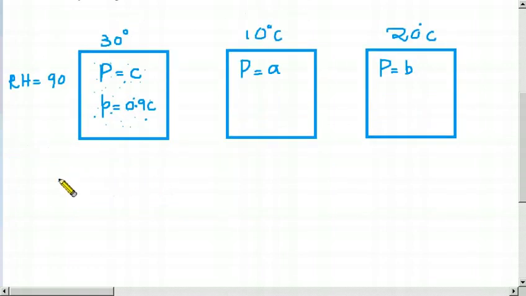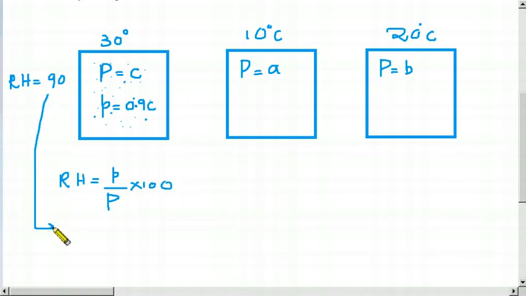How did I do that? The equation is relative humidity equals simple P divided by capital P times 100. So using this, we substitute the given value for relative humidity, 90. Then simple P we don't know. Capital P they have given as C. Then times 100.